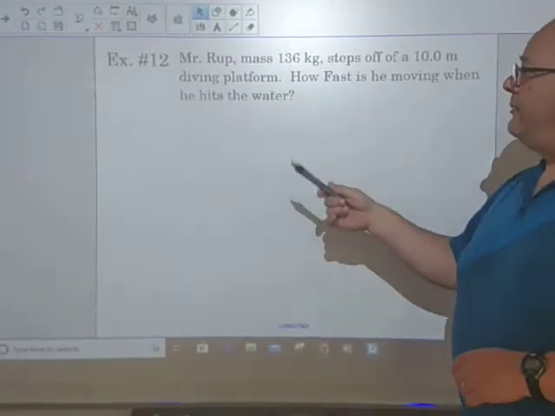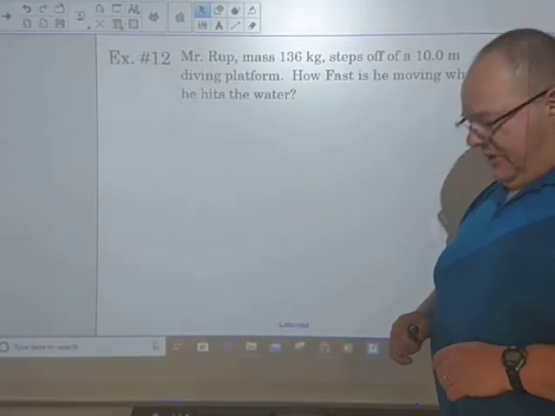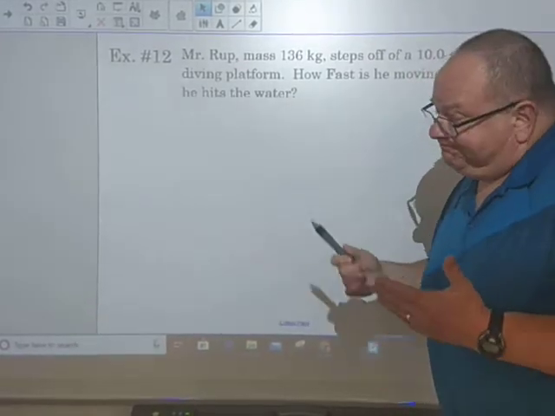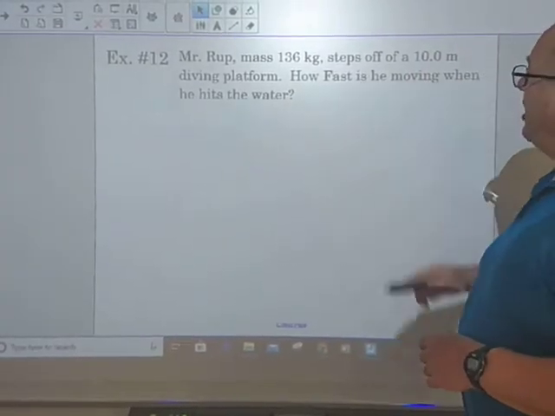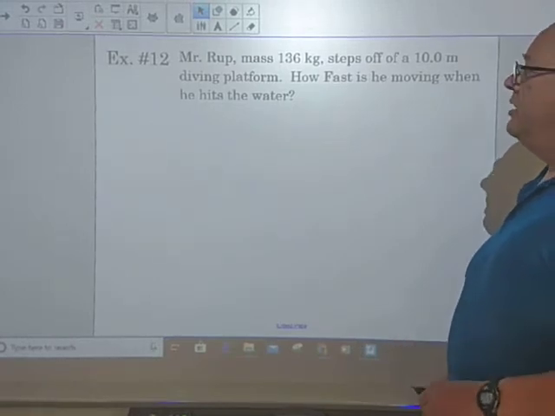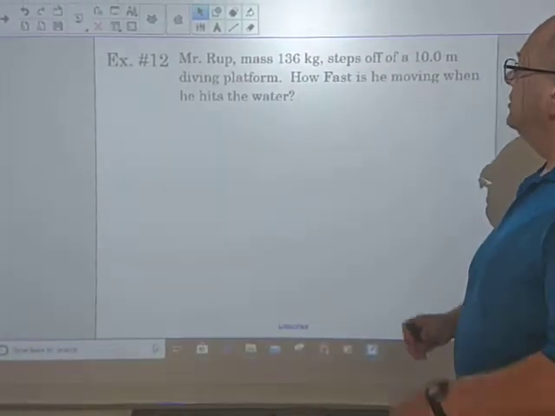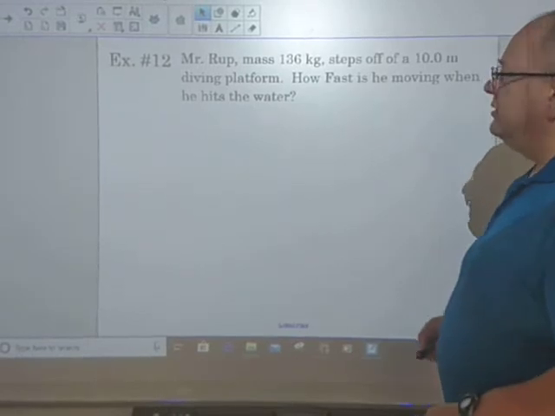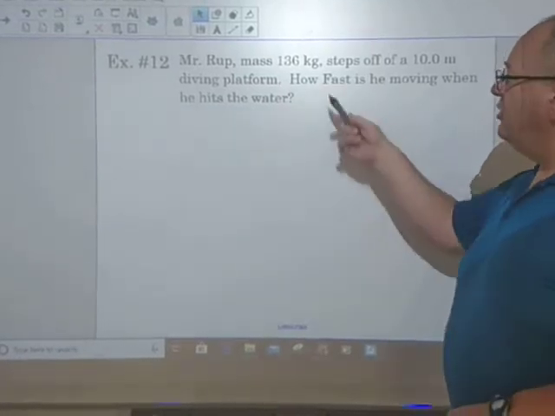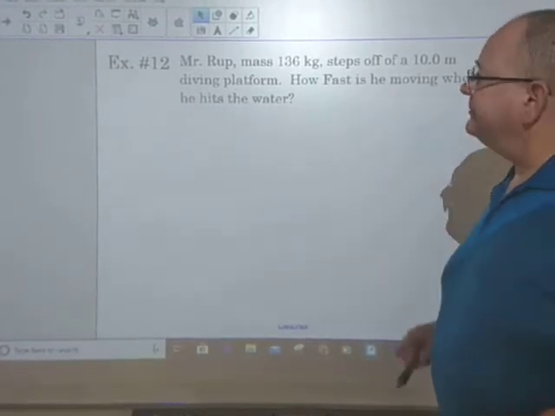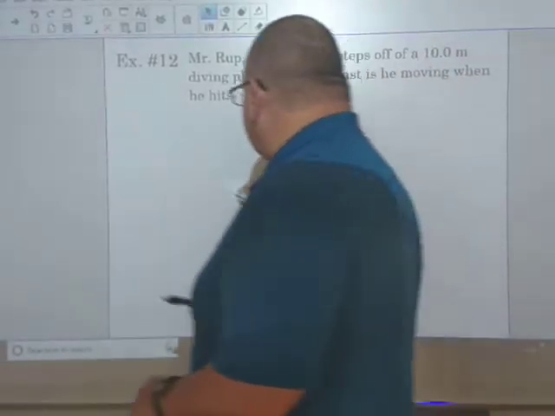All right, Mr. Rupp, mass 136 kilograms, steps off a 10.0 meter diving platform. How fast is he moving when he hits the water? I'm going to draw a little picture.